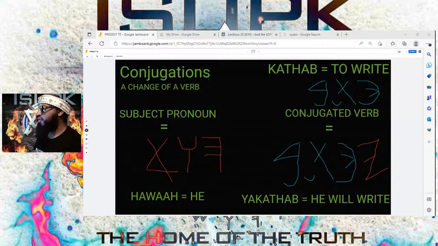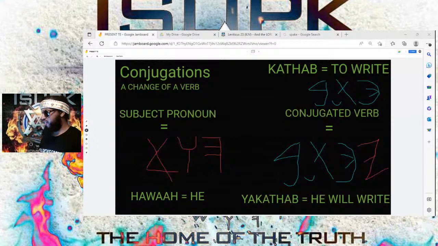So you want to really look at the context of everything and what's truly being said. Over time, you're going to be able to figure it out. If something is talking about the future, or this is said in the past, you'll be able to use context clues to know what's being said.